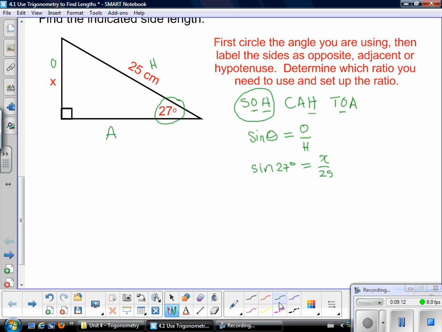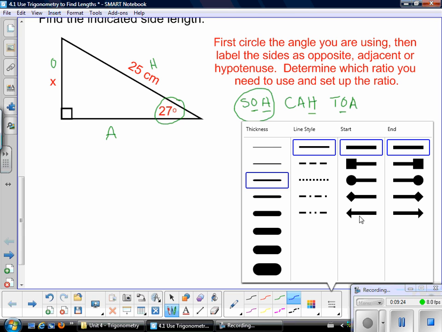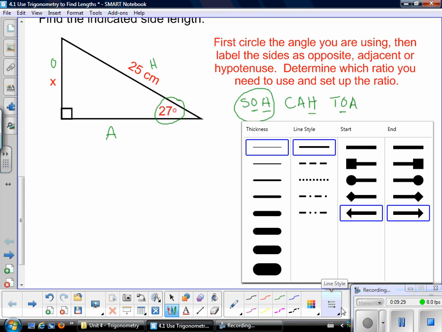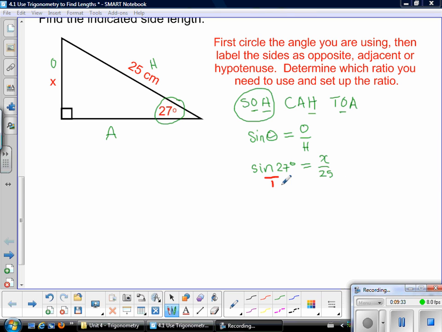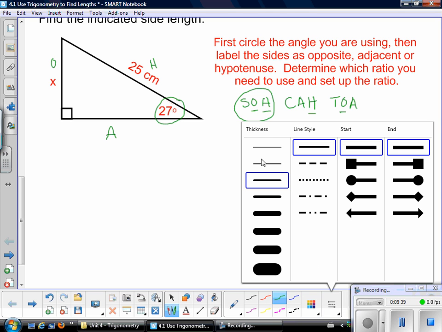Now this is set up so that I can actually create a cross multiplying situation, and that's what I'm going to do. I'm going to cross multiply, multiplying those two together with those two together. So let's try that now.